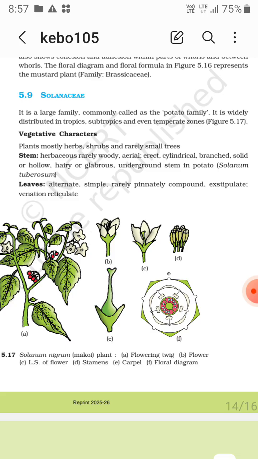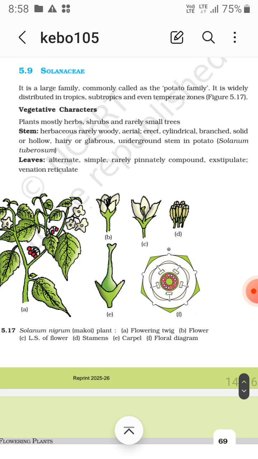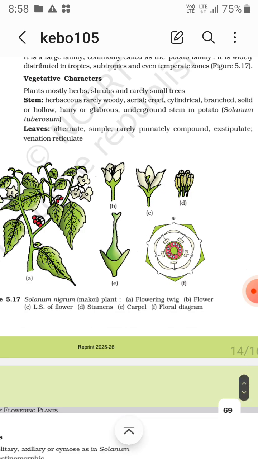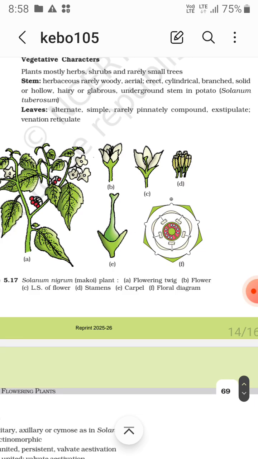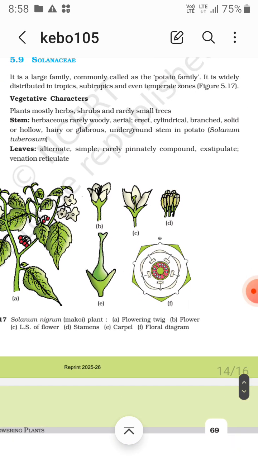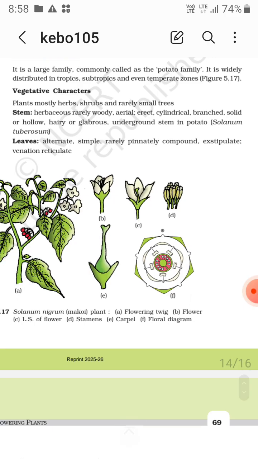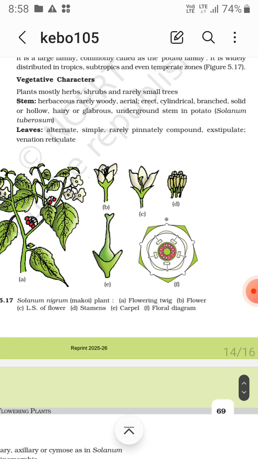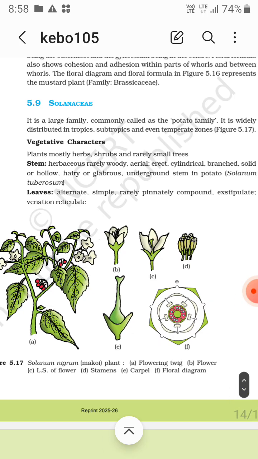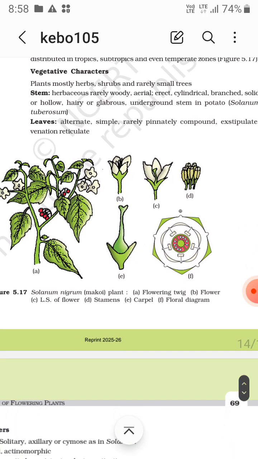The incision is not breaking the midrib. They are rarely pinnately compound, a type of compound leaf as seen in neem. Exstipulate, and venation is reticulate; parallel venation is seen in most monocotyledons. So these are the Solanaceae leaf characters.